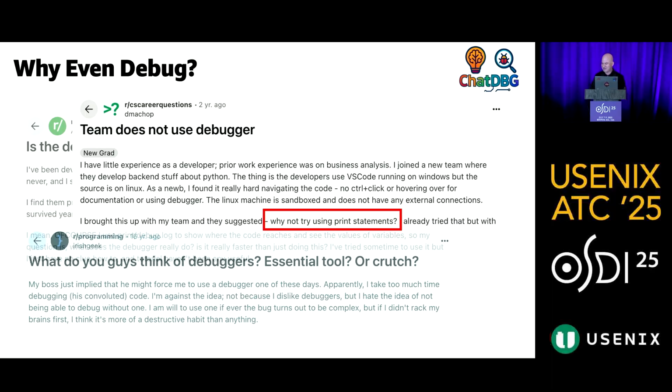Here's another one, somebody who actually has some experience with debuggers and said, hey, why aren't you all using debuggers? And this team of developers said, why not try using print statements? So you have to feel sad for these folks, right? They want to actually get their programs to run correctly. They have bugs, right? But they find themselves in this situation where the debuggers don't help. Print statements are better for them than debuggers.